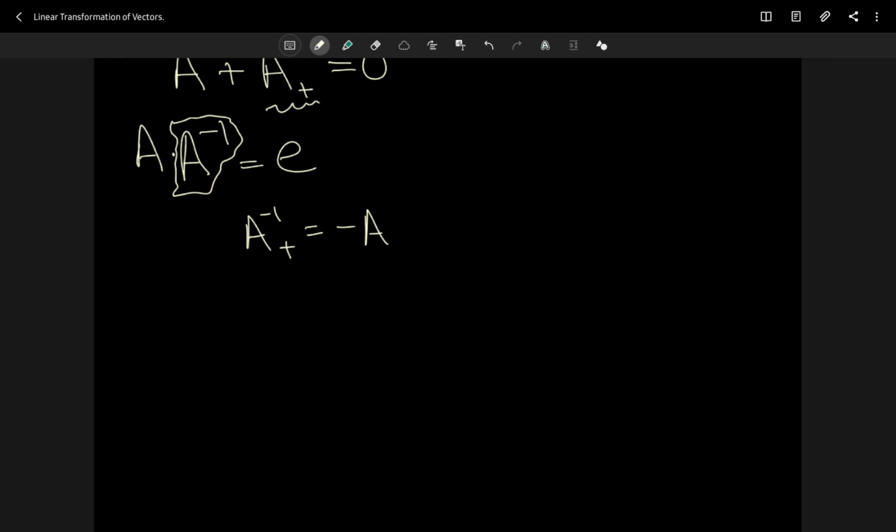And if that's true, then we can simply call this one for the product, and this is for composition, that is what I'm defining as the product. So the product inverse can simply be denoted as A inverse. This one is showing you that it's the additive inverse, and this one is telling you that it's the multiplicative inverse.